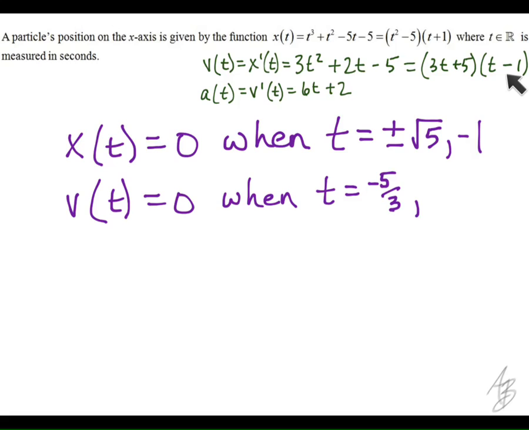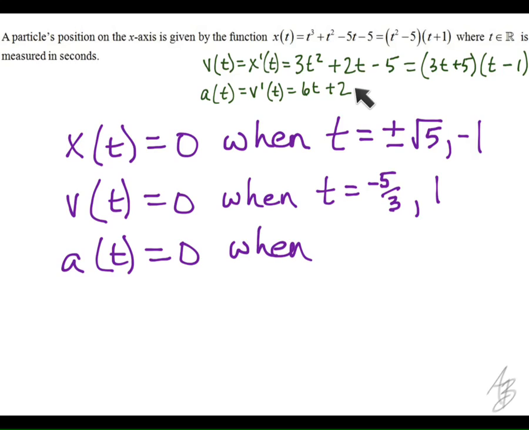And we also get velocity equal to 0 when this factor is equal to 0, and that's going to be when t equals 1. And then finally, it may be useful to know when the acceleration will equal 0. So that's going to happen when 6t plus 2 equals 0, and we get t equals negative 1/3.